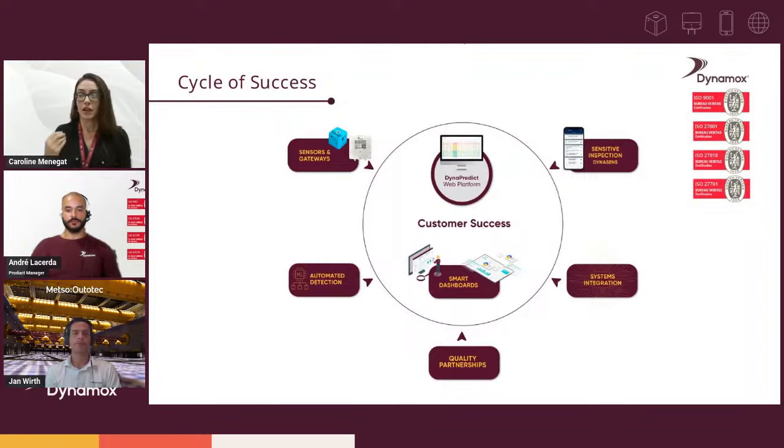In order to achieve this circle, a lot of different components have to be put together. We already talked about the sensors and the gateways, and how they work, and that's just the hardware part. Also, we have a module that we call DynaSense, a different module inside our system for sensitive inspection.